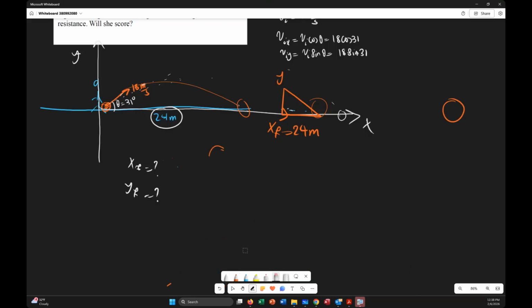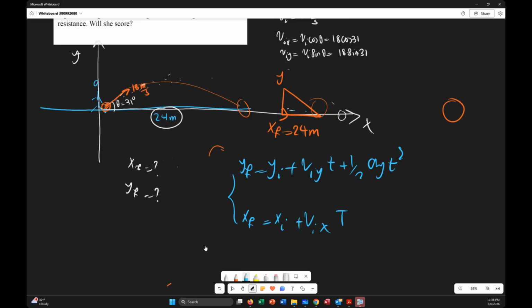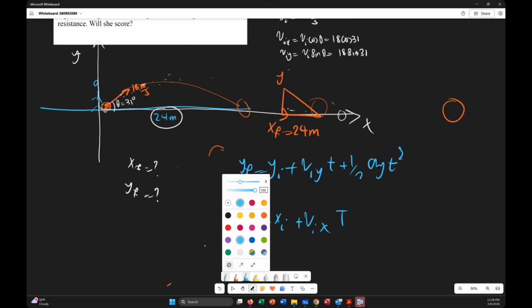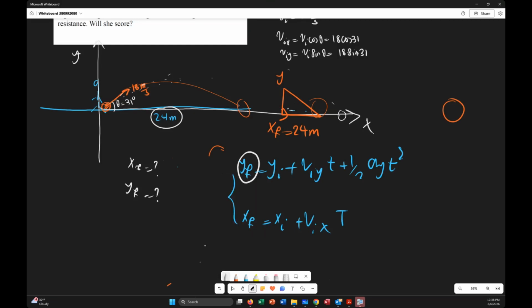Again, I write the formula one more time. YF equals YI plus VIY T plus 1 over 2 AY T squared, and XF equals XI plus VIX T. Good? So I would like to see what is the Y value, final position, when the X final is exactly where the goal is. Yes? So I put this 24.